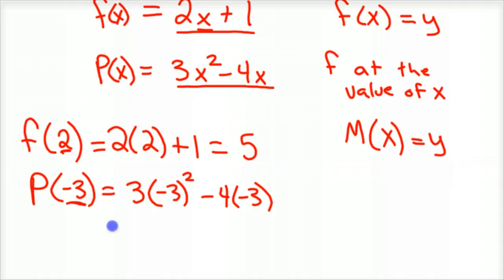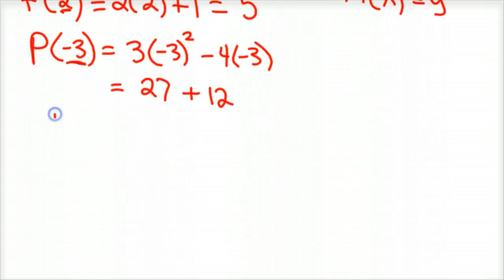And so you would have 3 times 3 is 9, so that's positive 9 times 3 is 27 here, plus 12 because we got two negatives. And so we know p at negative 3 is equal to, looks like, 39.